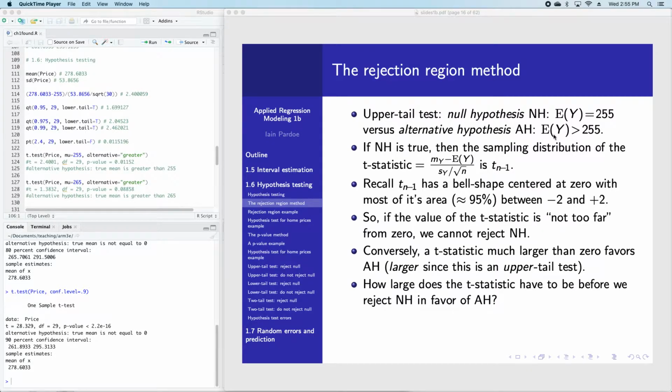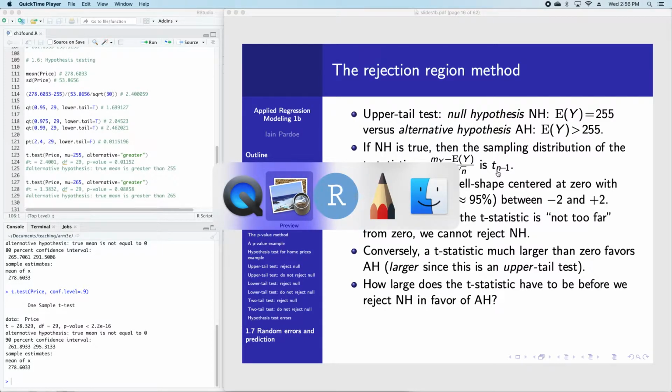Upper tail test, and we have a greater than symbol in the alternative hypothesis. If the null hypothesis is true, if the population mean really is 255, then the sampling distribution of this t statistic is a t distribution with n-1 degrees of freedom.